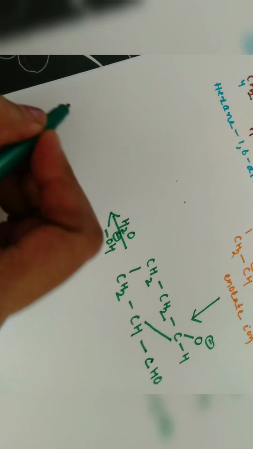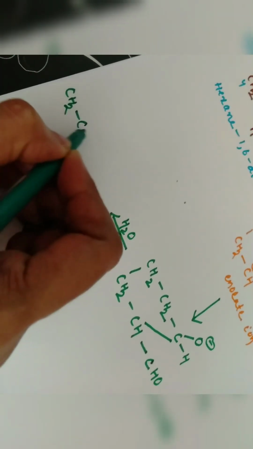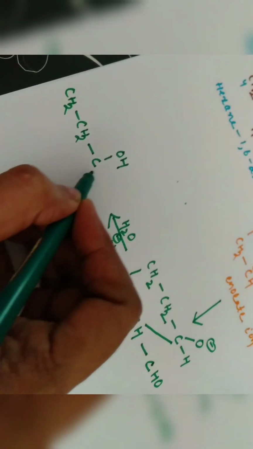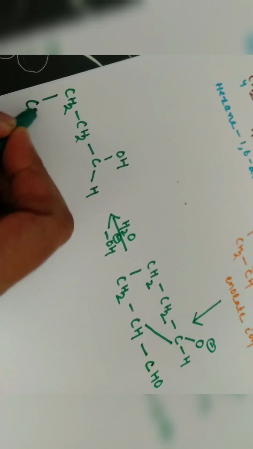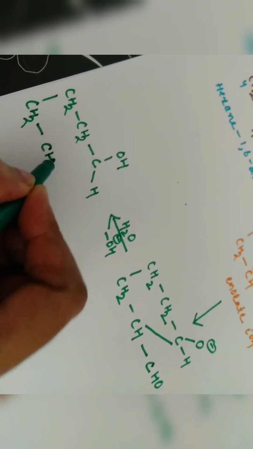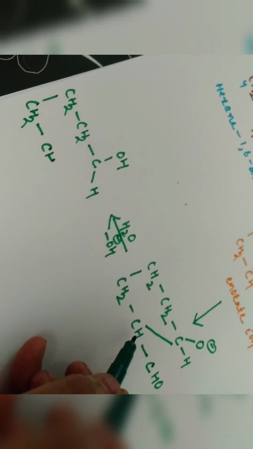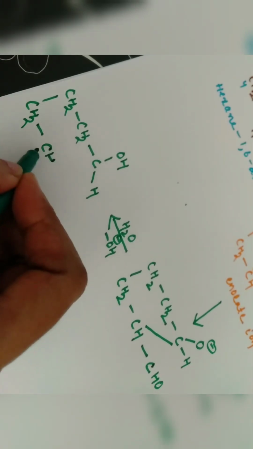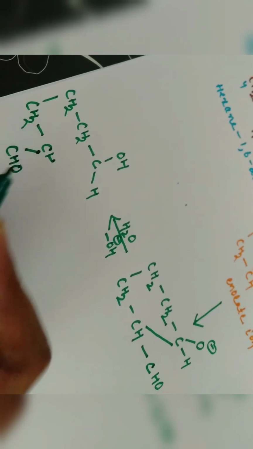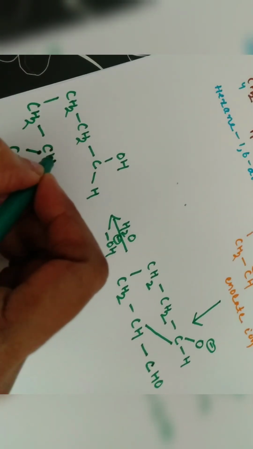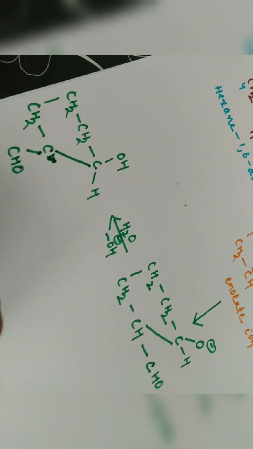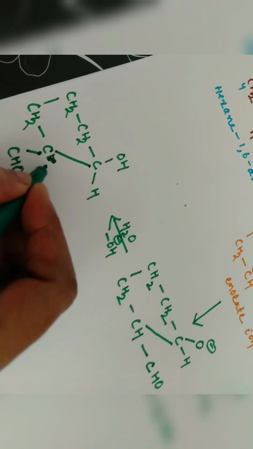So the product formed is CH2, CH2, C, this one is your OH, okay, this is your H, and this is CH2, this is your C. Now see here, this compound. If I write this CHO, this position CHO, right? And now there is a bond to this, and here suppose this is the hydrogen.